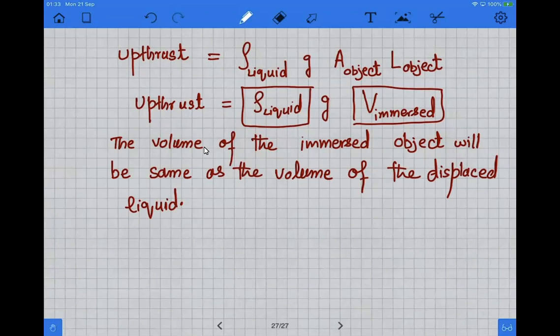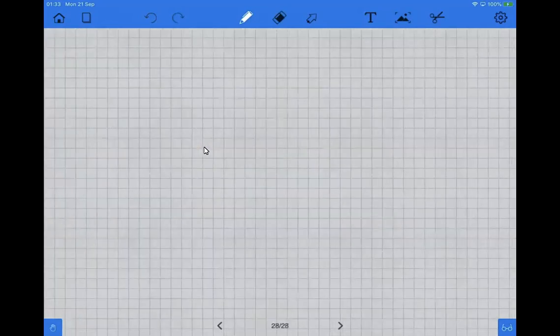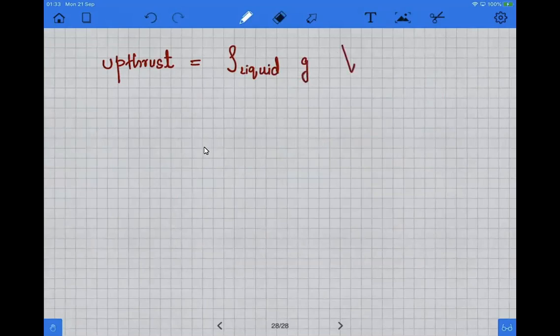So volume of the object immersed will always be equal to the volume of displaced liquid. So this formula could also be written as, upthrust is equal to density of the liquid into G into volume of the displaced liquid.